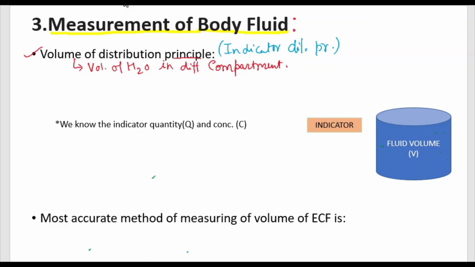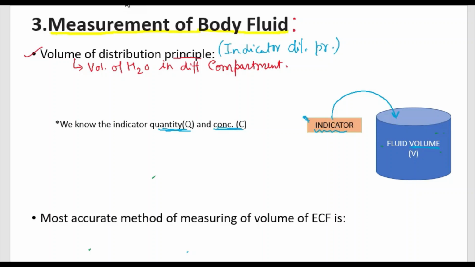So for measurement of the fluid volume we take an indicator. A known quantity of indicator will be injected into this compartment, and we know the indicator quantity that we have injected in this fluid, and we know the indicator concentration.